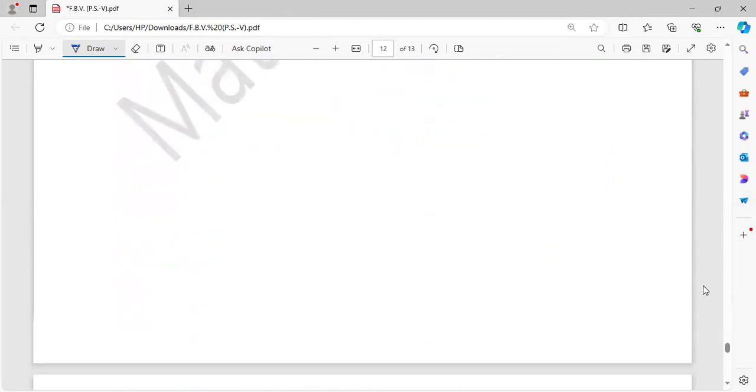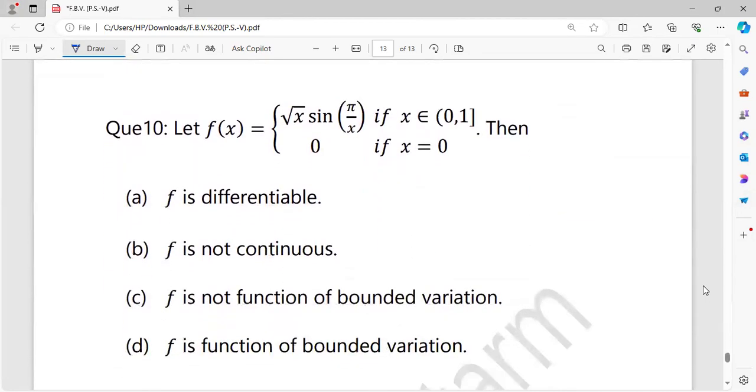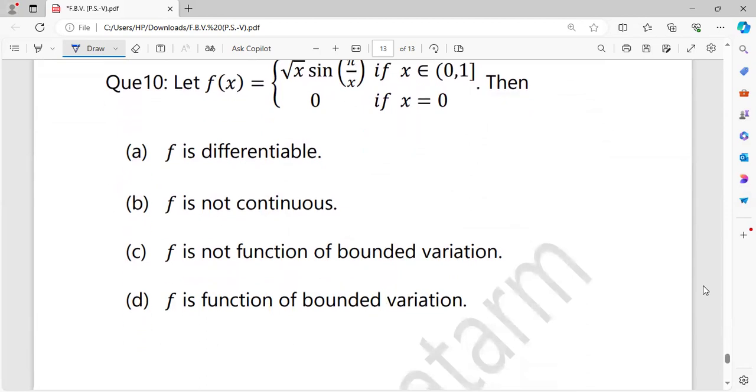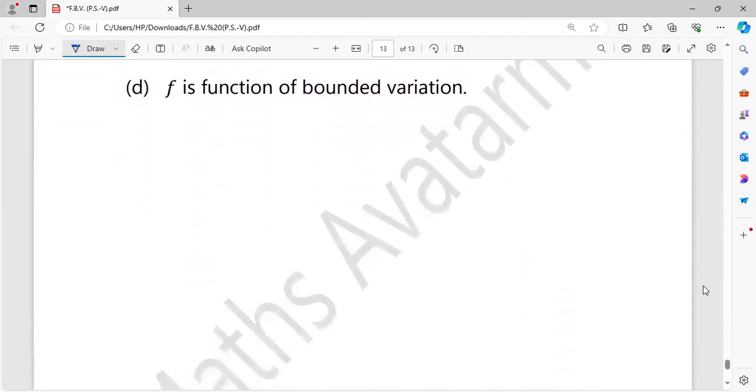Now move to the last question. This question is similar to question number 7. Only cos is replaced by sine. So this function is not differentiable. This is continuous. So options A and B are not correct. C is F is not a function of bounded variation. D is F is a function of bounded variation. So let's check it. What is alpha here? Alpha is 1 by 2 and beta is 1.